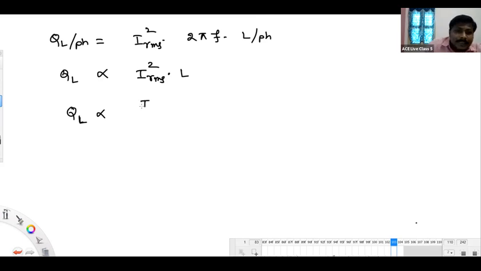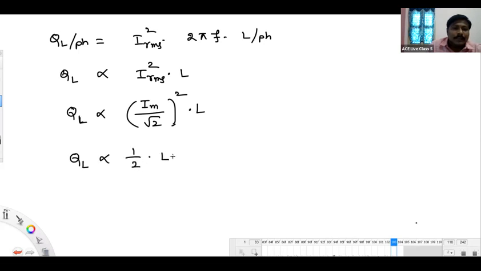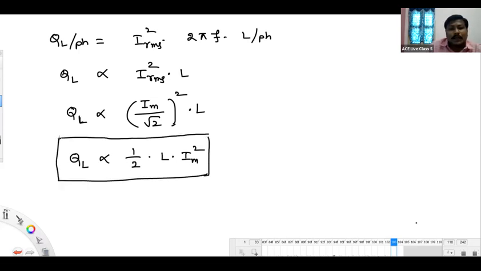RMS current you will write as maximum current by root 2, whole square into inductance. So QL is proportional to half L Im square.